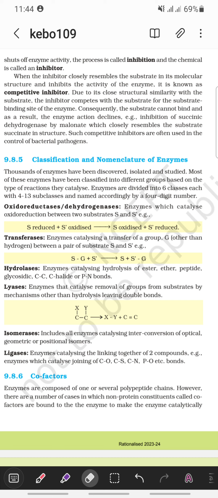Hydrolase enzymes catalyze hydrolysis of ester, peptide, glycosidic C-O bonds, C-halide, or P-N bonds.